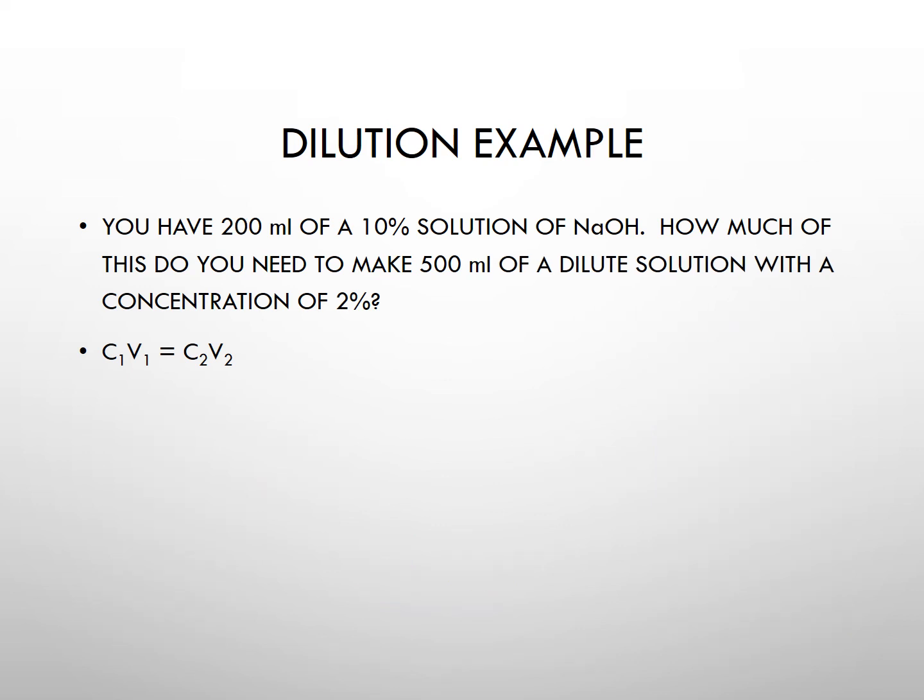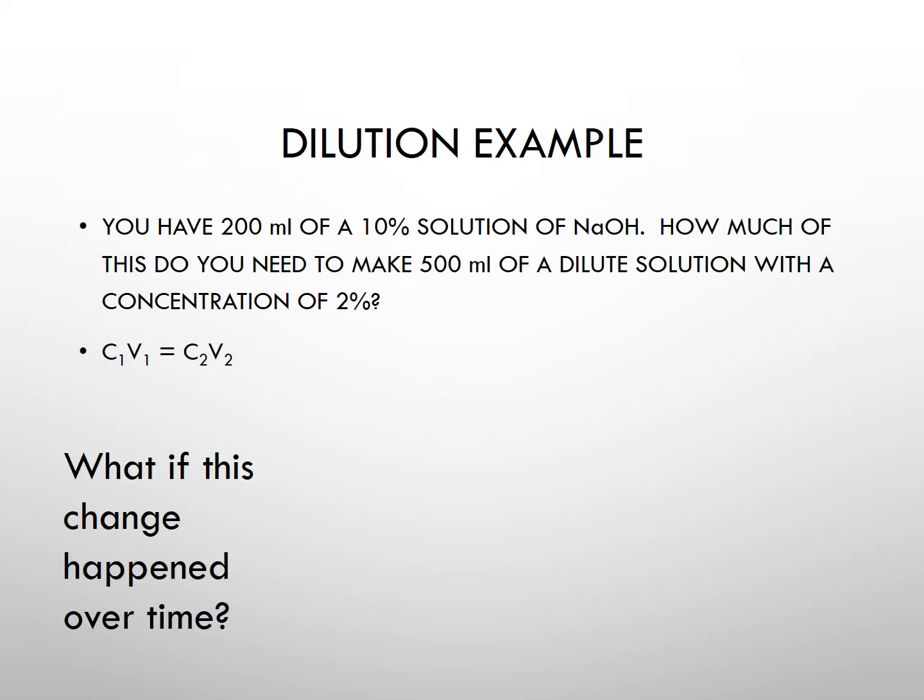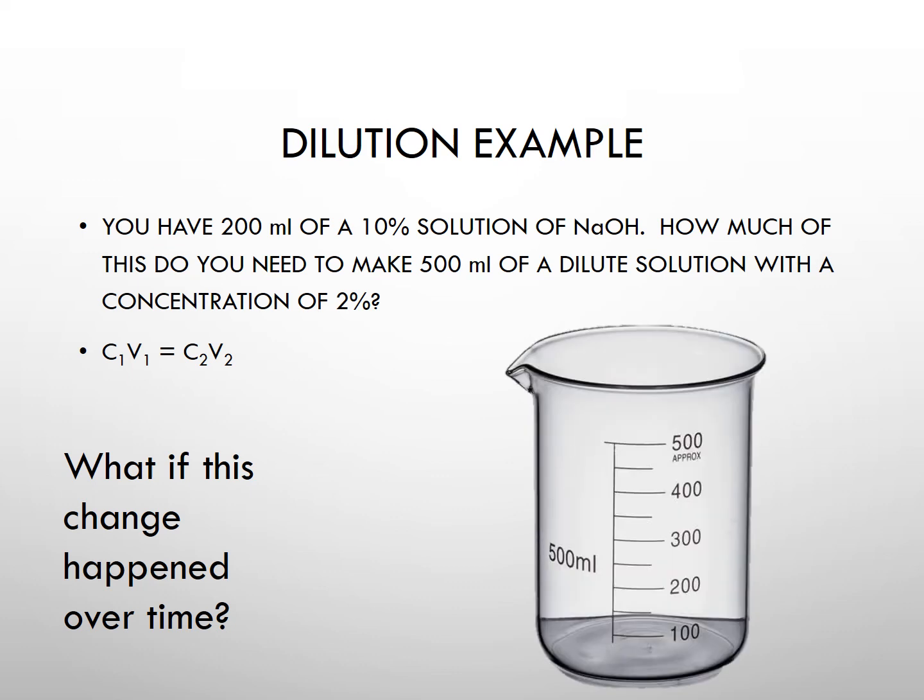That was a pretty reasonable example of how you would make a solution using flasks and pipetters in the lab. But what if this change was happening over time? What if, instead, we started off with a flask that had about 500 milliliters of water in it, and we added a small cell with a selectively permeable membrane that had inside of it very concentrated salt. We could use sodium hydroxide or something else.